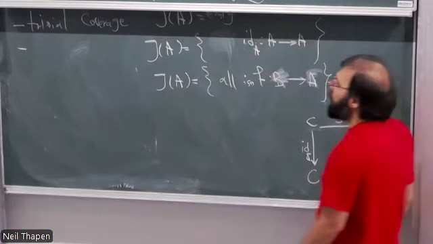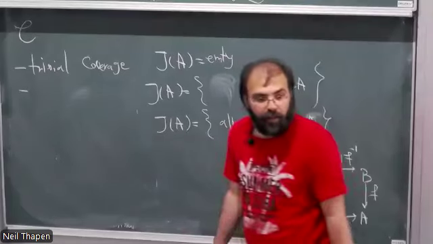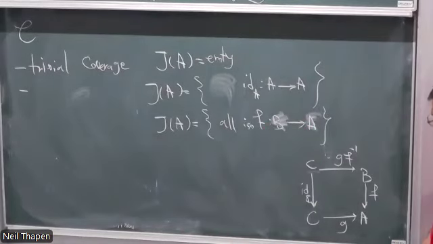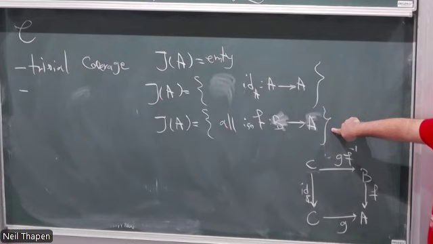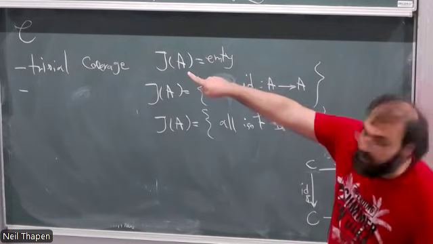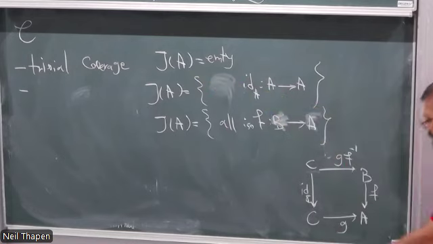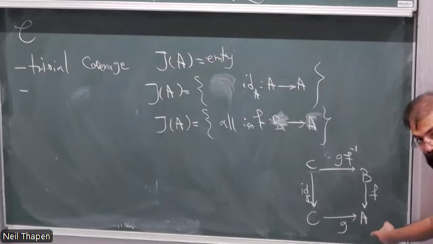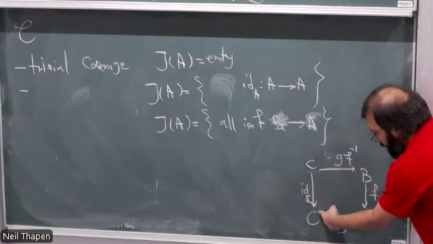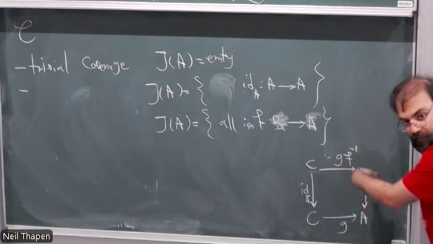That's easy. Okay, so it shows that this is really a coverage because that condition holds. The condition says that if we have a covering family and another map, you have to find the covering family here such that it factors.